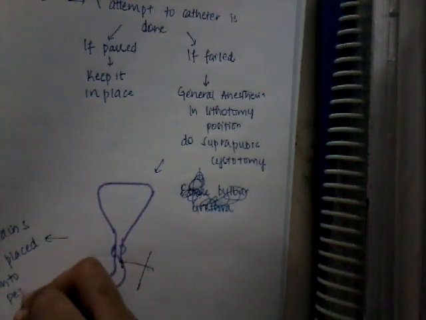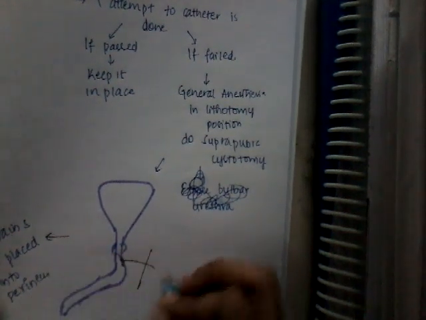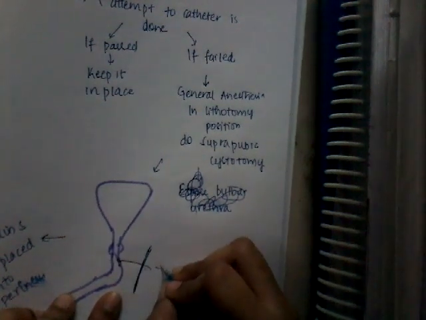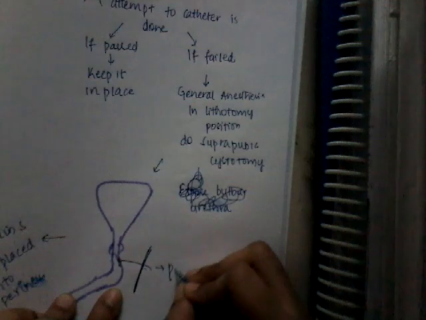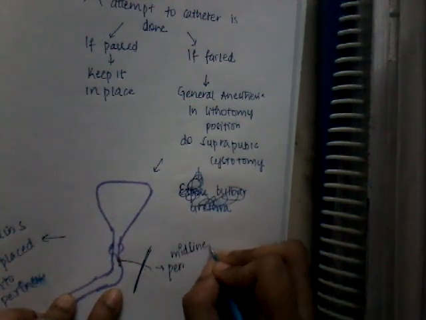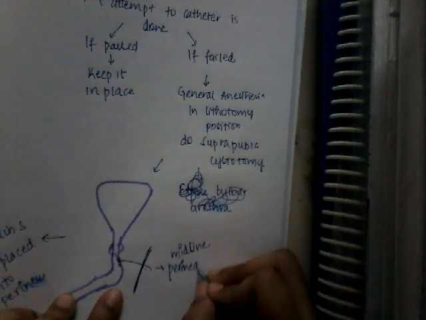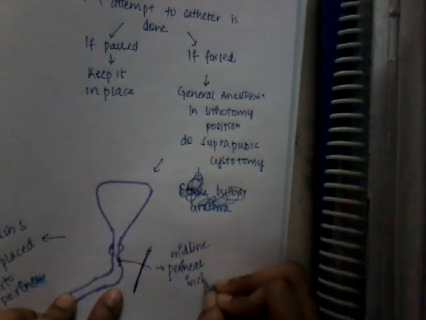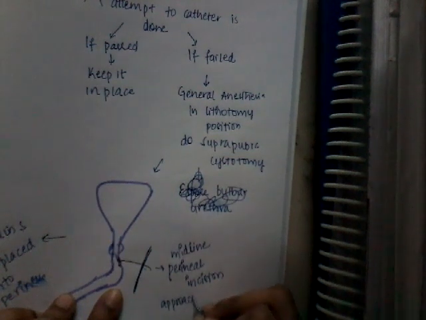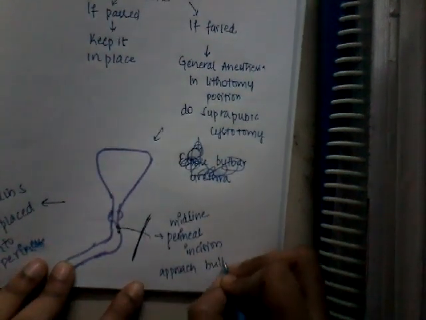So I think you have got it. So what we do is, this is the bladder wall. So we approach it perineally. We make a midline perineal incision, and then we approach the bulbar urethra.